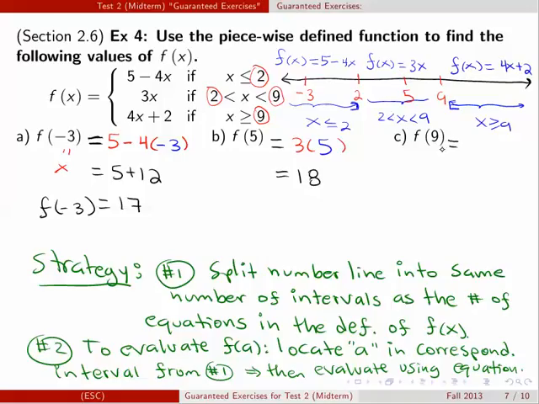This square bracket means that we can include 9 as part of the last interval. So this endpoint is part of the last interval, and we have to use the last formula. We plug in 9 in the last equation and simplify. And so we computed f of -3, f of 5, and f of 9.